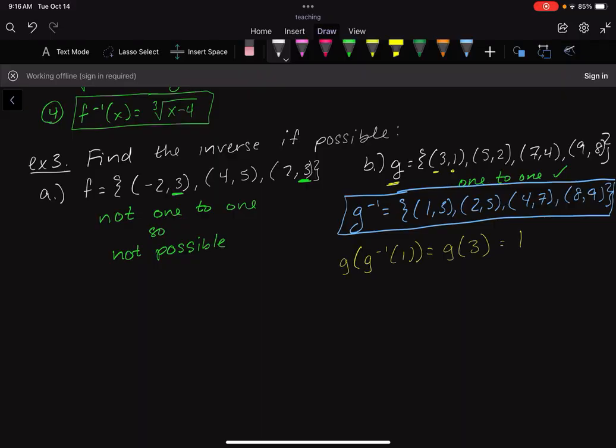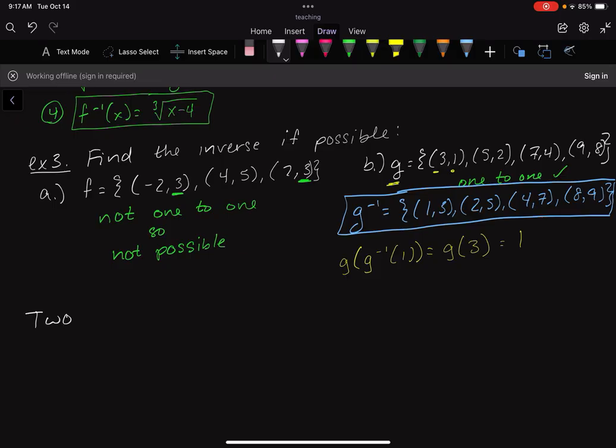It basically means if you plug something into the inverse function and then you plug that answer into the original function, you'll get back what you put in. I know that sounds a little weird. So here's that property written out.